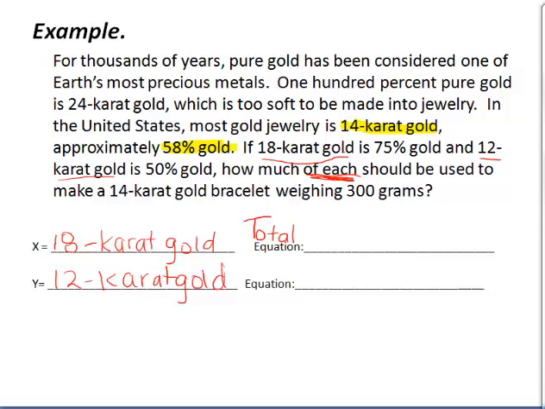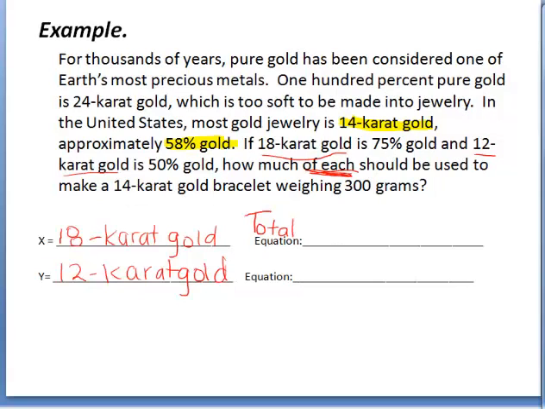Okay, now let's look at the other pieces of important information. It says if 18 karat gold is 75% gold, so I'm going to go ahead and highlight that. 18 karat gold is 75% gold.